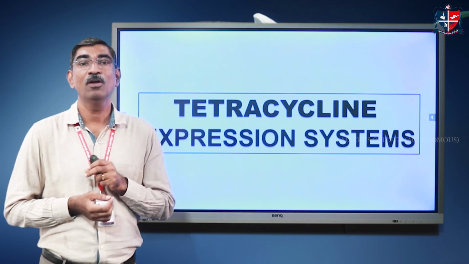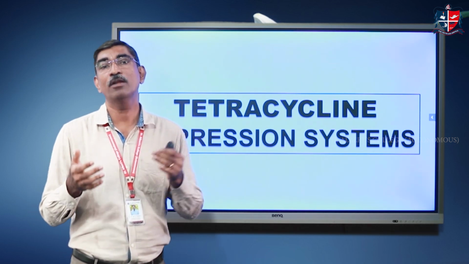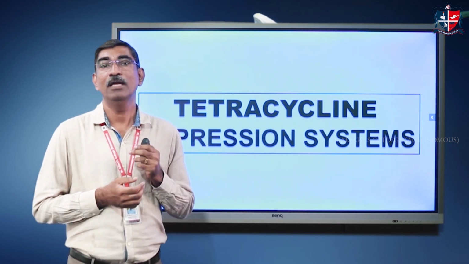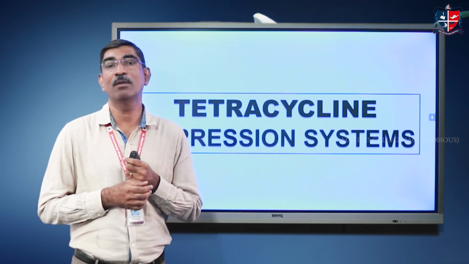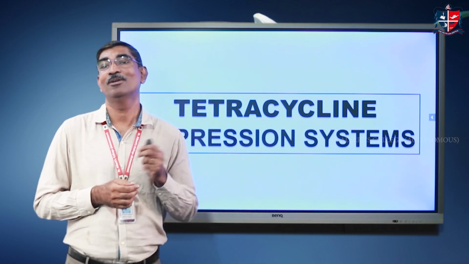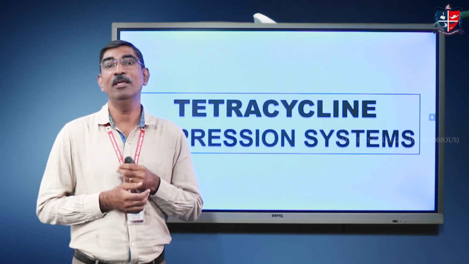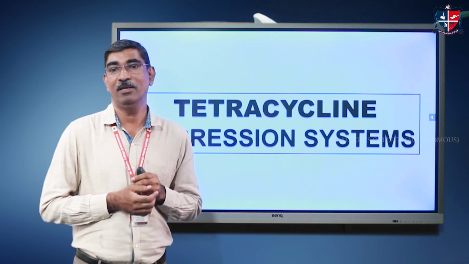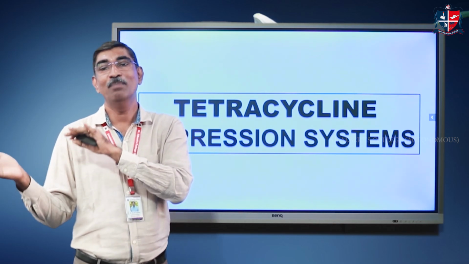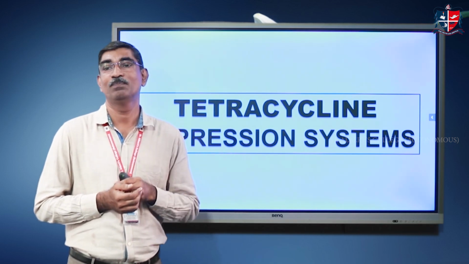Since the discovery of the first antibiotic, that is penicillin, there is a tug of war going on between this antibiotic and the bacteria against which these antibiotics are being used. For a particular time, this antibiotic may win the race. That is, it can effectively inhibit the growth of the bacteria. But say after a particular period, this bacteria will gain resistance against this antibiotic.